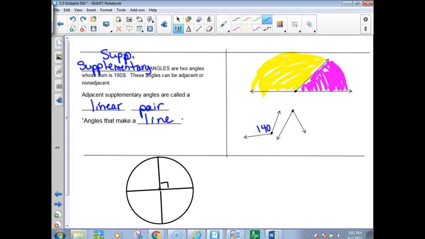Okay, if this was 140 degrees, this one is 40 degrees. And that would make these two non-adjacent and supplementary, S-U-P-P. And the ones up here are a linear pair.